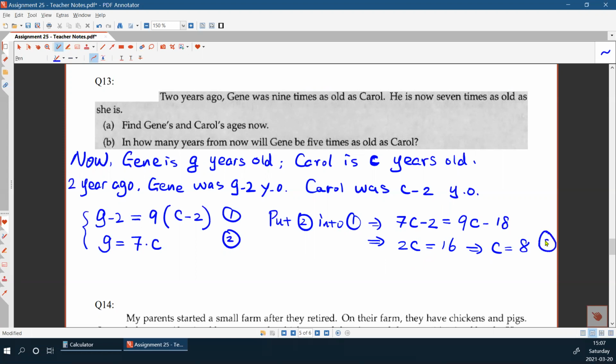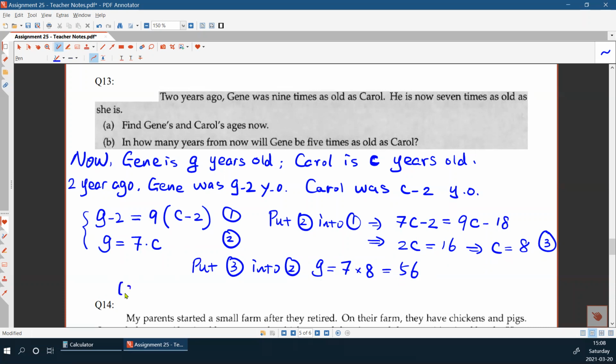So let's call this number 3. Then we can put number 3 into number 2. In this way, we can solve G is 7 times C, which is 8. And G is, of course, 56, right? Okay, so that means Carol's current age is 8, and Jean's current age is 56.